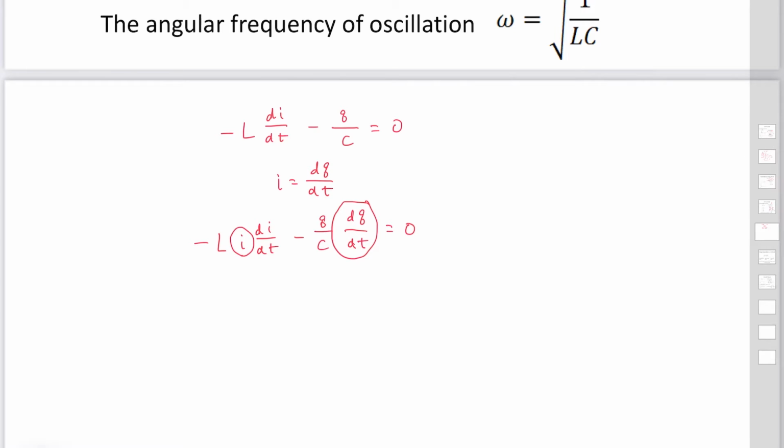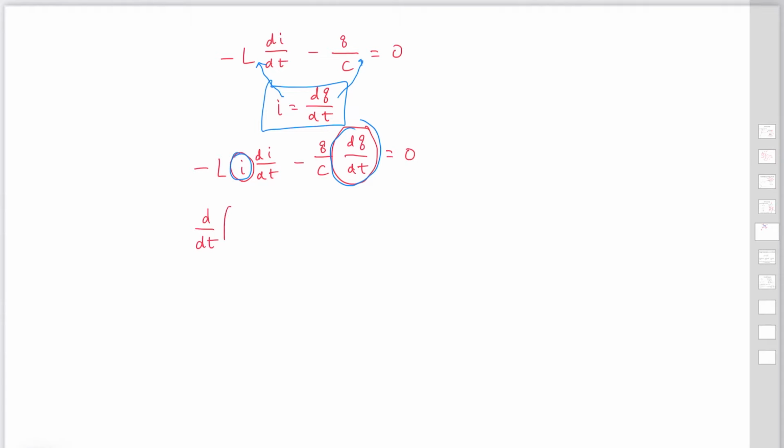We multiply this into these terms. So I is here and the dq is here. If you move the terms inside the derivative, it becomes 1/2 L I squared plus 1/2 Q squared over C equals 0.